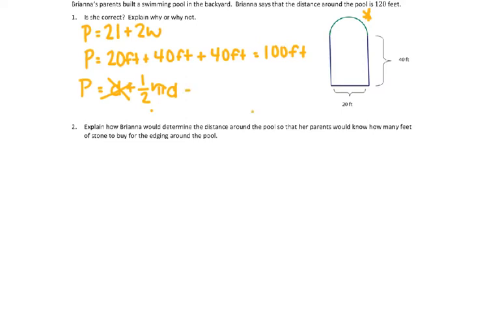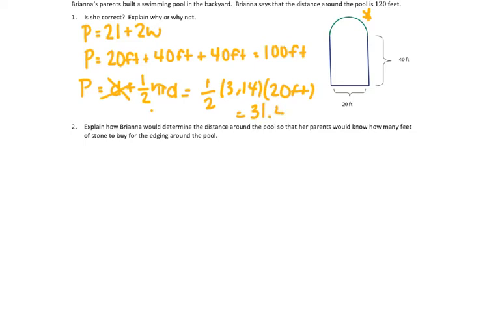So we find the perimeter of this half circle, or this modified half circle, by saying 1/2 multiplied by 3.14, we're just going to use 3.14 here, multiplied by that diameter, which we're saying is 20 feet. So when we calculate that all out, 3.14 times 20 times 1/2 gives us 31.4.